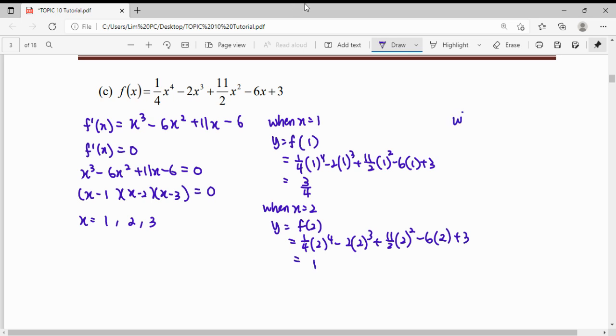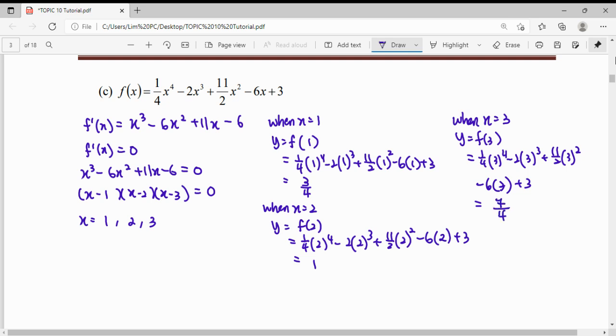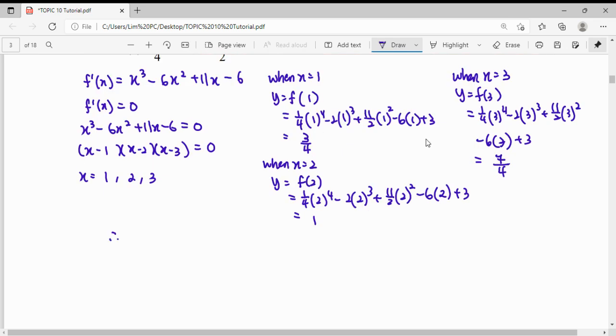So same goes to when x equals to 3. So from here, we can conclude one point is 1, 3 over 4.